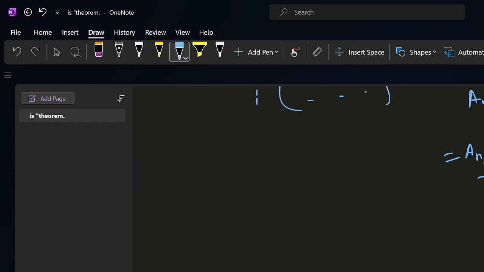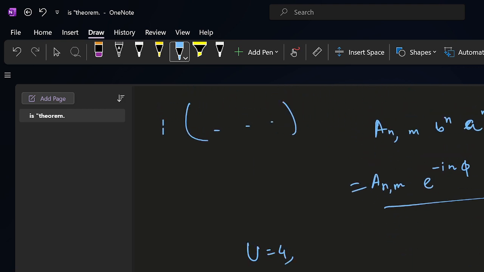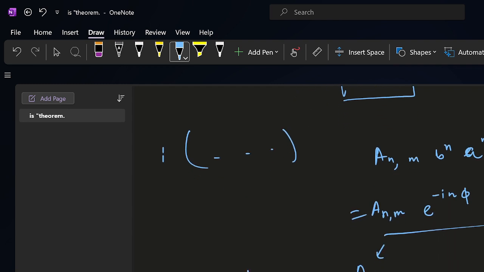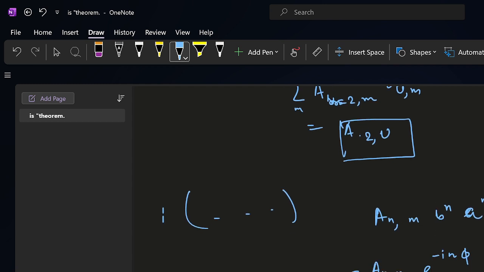Like here, if you are asked u equal to 4 and n equal to 2 is already given, then you just have the value of a, what was it, 2 comma u, right? So it is just 2 comma 4. That means you have to take the coefficient with which you have e to the power of i 4 theta as a function, and e to the power of minus i 4 theta, and e to the power of minus i 2 phi as another function.